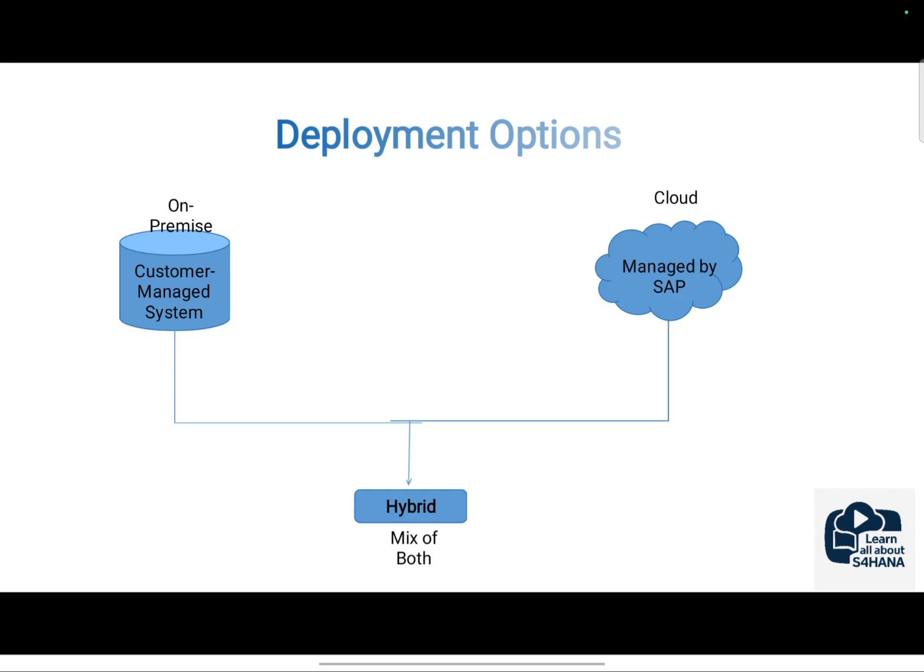On-premise means the company owns and manages the data center, servers, and the entire system landscape. All is done in their own premises. When we go for cloud deployment, SAP hosts the solution in a shared environment. That means it is delivered over the internet with regular updates and automatic innovation.